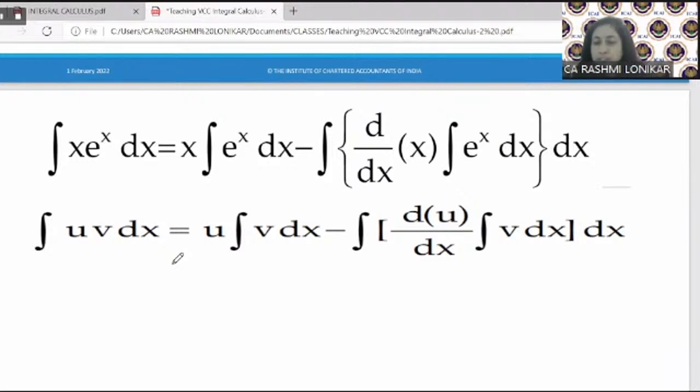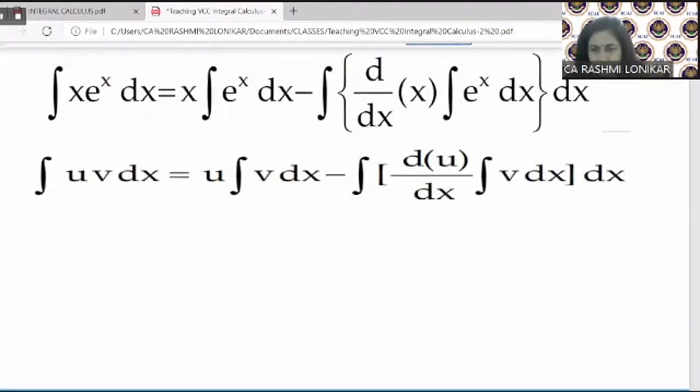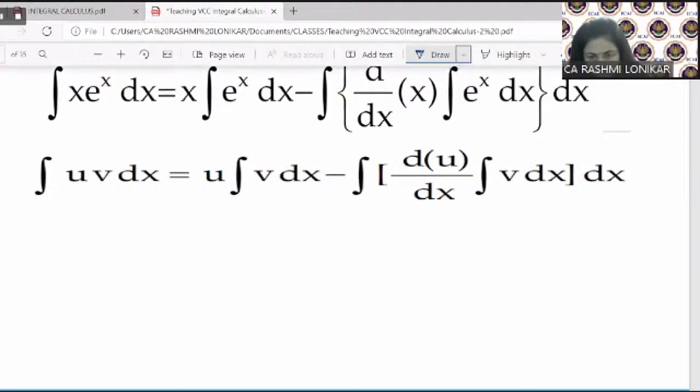Now the question is, find the integration of x e raised to x dx. Here we have to remember L, A, E. So logarithmic will come first, then algebraic, and then exponential. What is happening here?